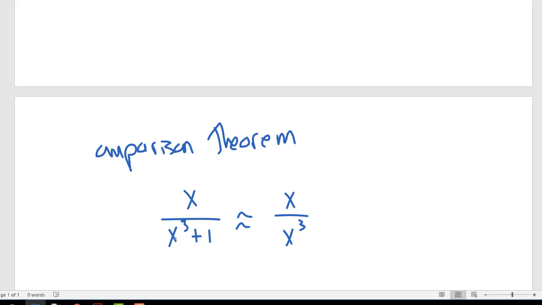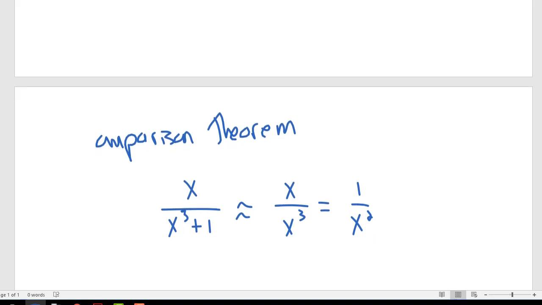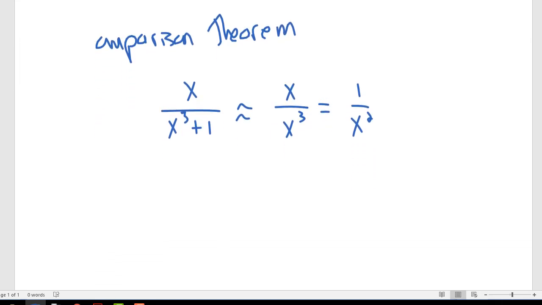So we get infinity cubed plus 1, which is basically infinity cubed. In the numerator, the leading term dominates, and the denominator, the leading term dominates any other smaller degree terms. And so this function behaves like 1 over x squared. So this is what we call determining whether the integral converges by the comparison theorem.